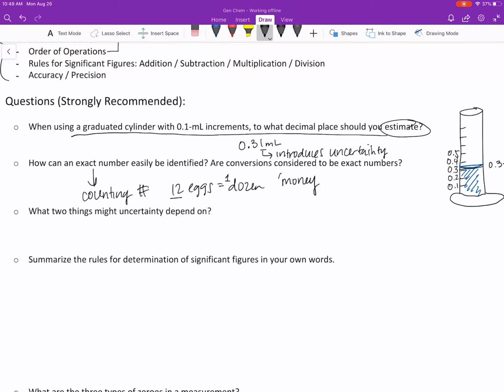There's no real question because it can be counted. And conversions, are they considered to be exact numbers? Yes, which means we're going to get to treat them differently when it comes to sig fig rules. Okay, so exact numbers and conversions are exempt from sig fig rules.